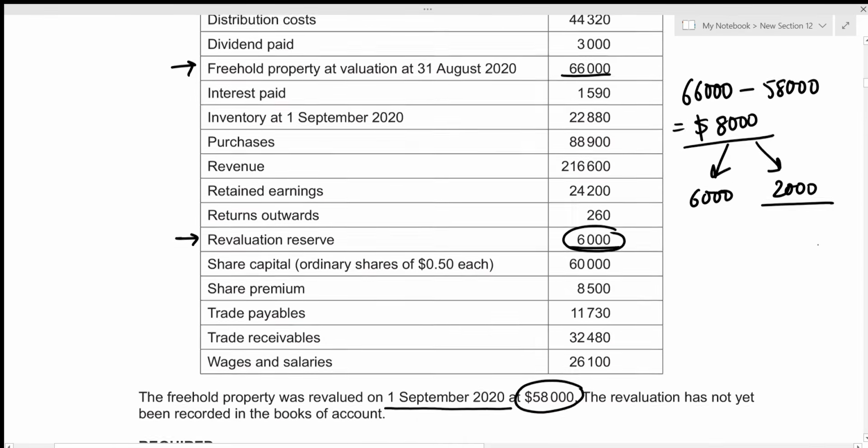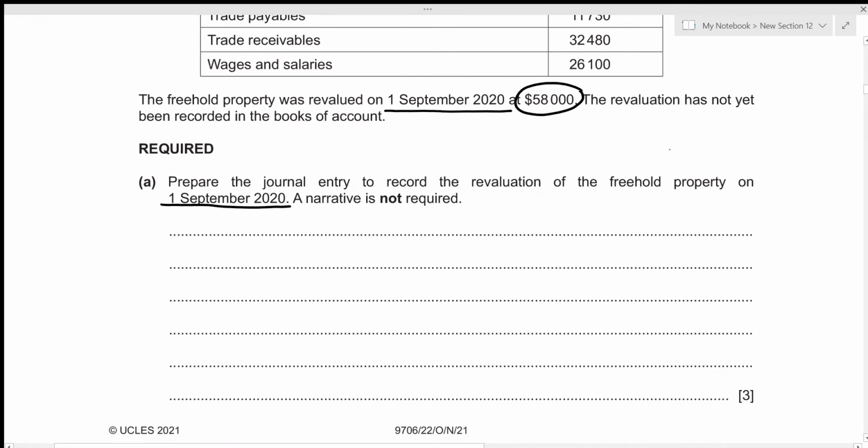Let's write that down. So we have the debit side and the credit side. Firstly, we have revaluation reserve, and this reserve has a value of 6,000.